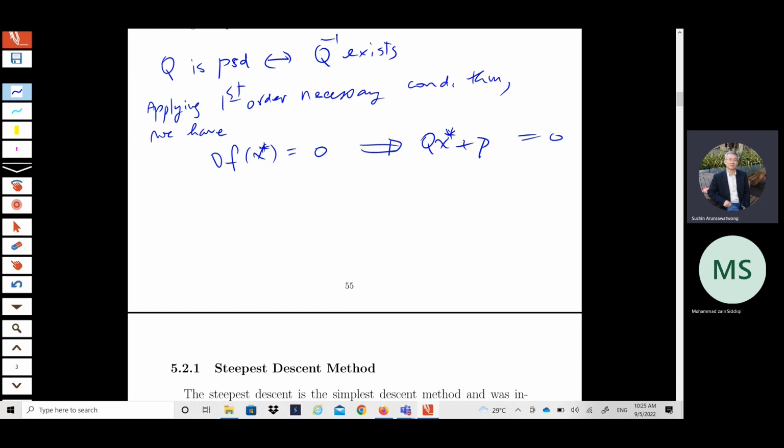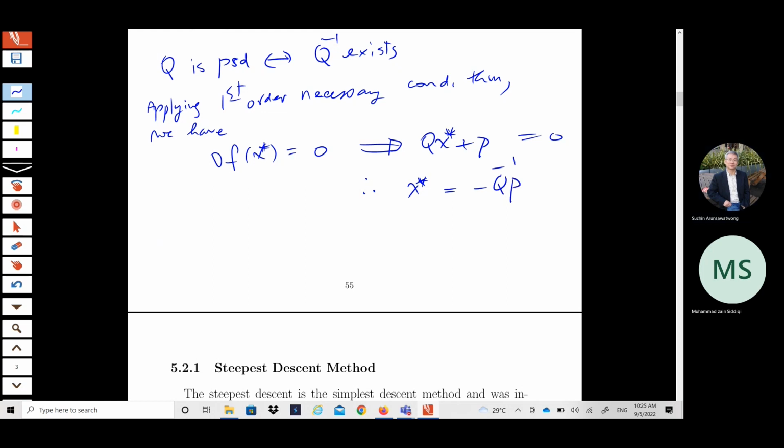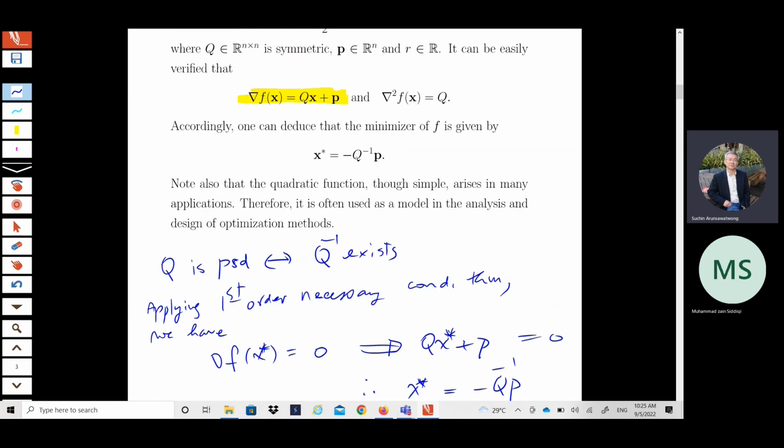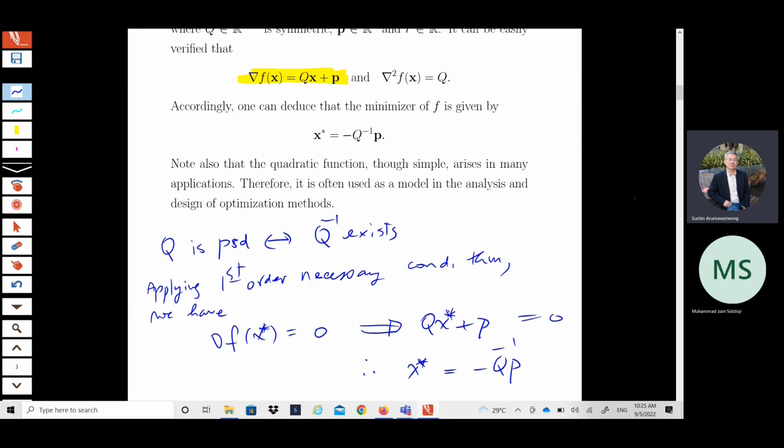We set the gradient to 0 to find the minimum, and there is only one x star satisfying this gradient condition. Therefore x star is unique and equal to minus Q inverse p. So this is the minimizer of this function, and it is unique when Q is positive definite.